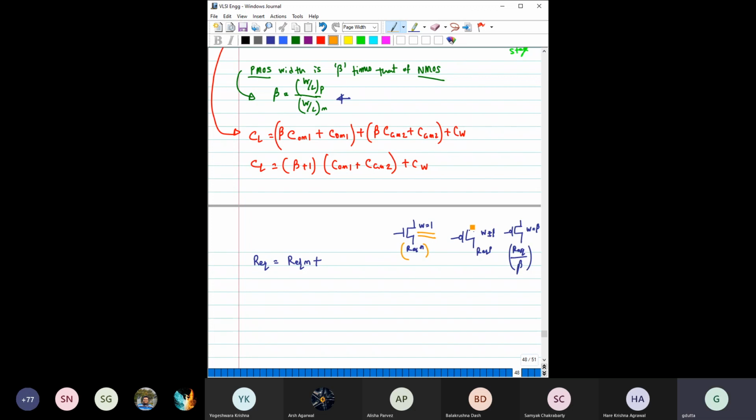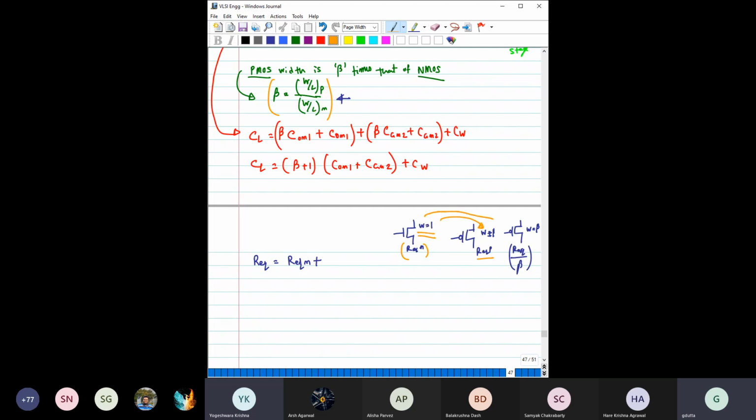Then in the next argument I am saying that again for the same width, that is width W equal to 1, if it is PMOS, then obviously its resistance would be different, right? It is R equivalent P, fine, right? But as per our definition or as per our assumption, we have taken P width beta times that of this N width.